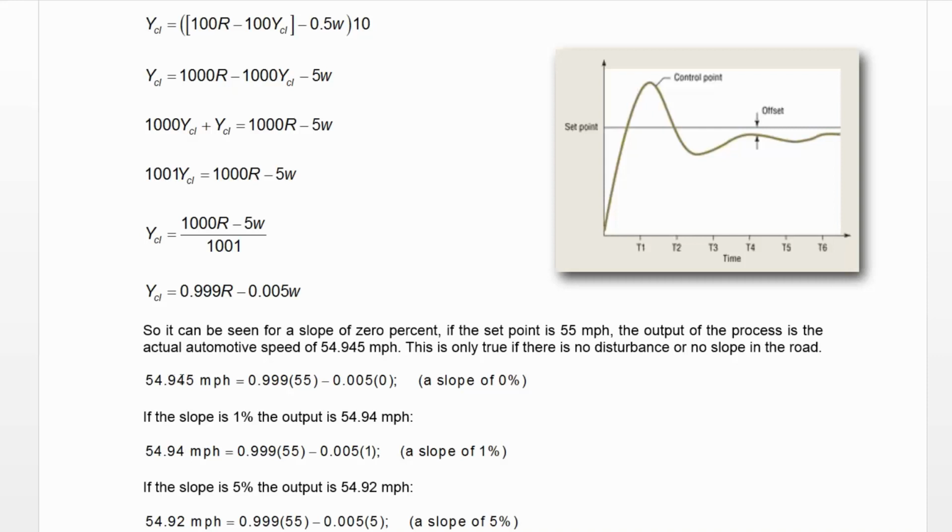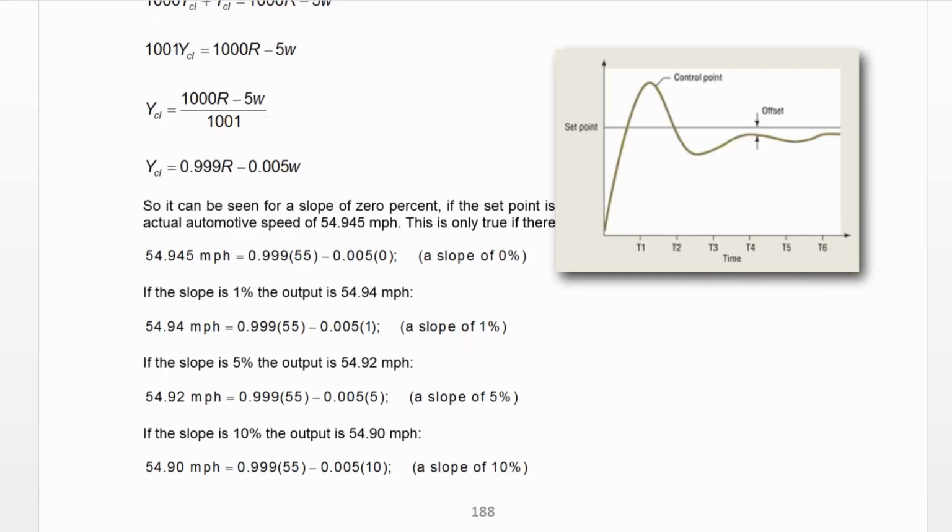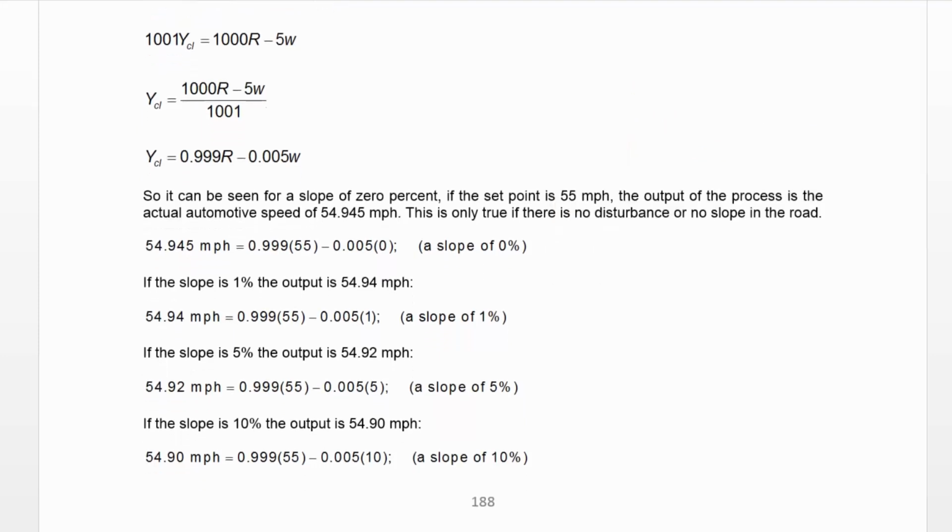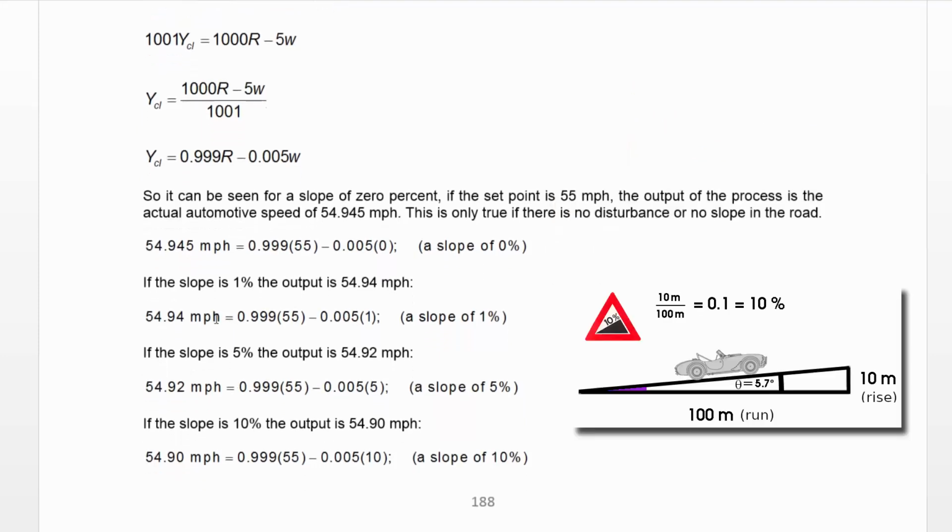We only lost 0.005 miles an hour with a 1% slope. So this is really good control with closed loop feedback and proportional only control. This has an extremely high gain. If you have a lower gain, you'll have more offset. You'll have more offset with a lower gain. So you'll drift away from the set point a little bit more with lower gain. This is pretty high gain.